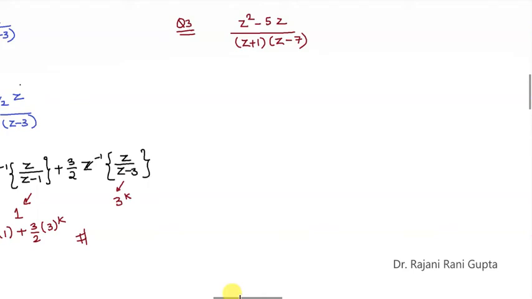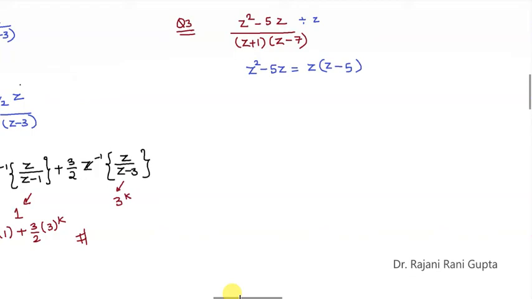So what you will be doing for that, you have to divide this term by z. It's always better to write z square minus 5z as z multiplied by some term. When you take z outside, we are left with z minus 5.